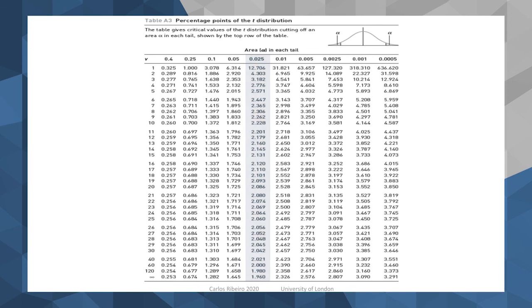If you look at the first column, it has something called v. v is called the number of degrees of freedom, which is calculated as sample size minus 1. And the bigger the sample, the closer the t value becomes to the z-score.